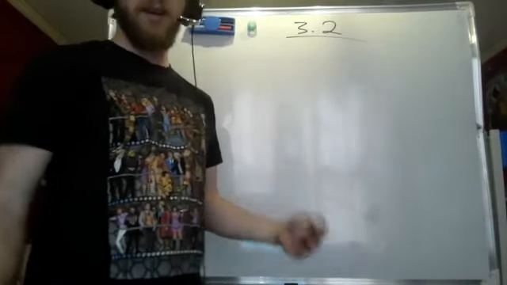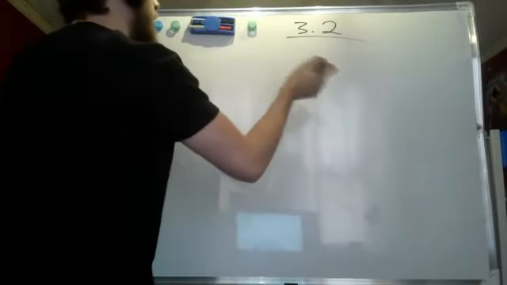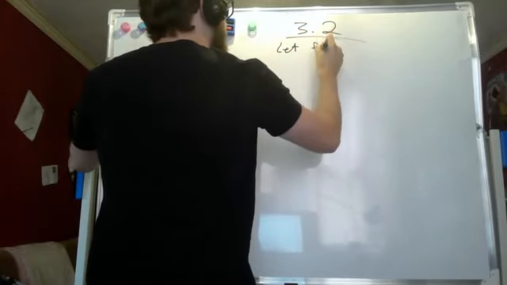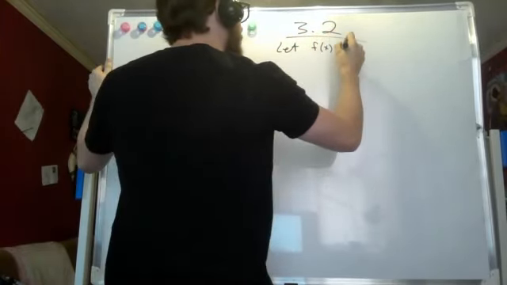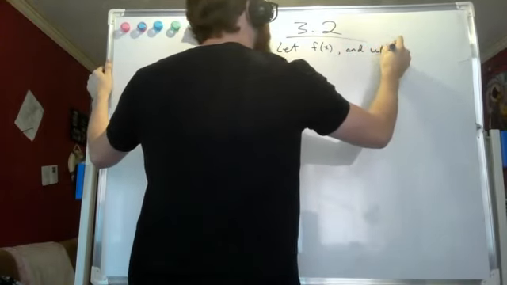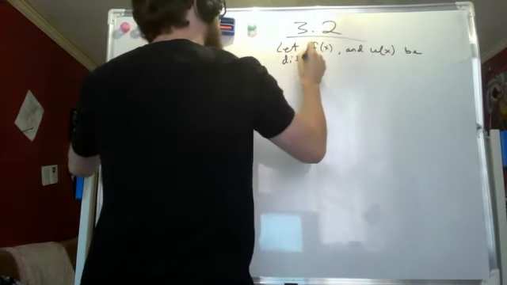What we want to talk about is the chain rule. So what is the chain rule? Well, similar to before, let f of x and u of x be differentiable functions.